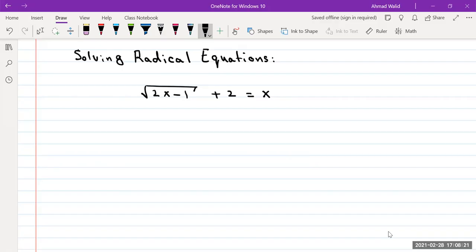We call this type of equations when radical is involved. Now, how to solve these types of equations? I'll explain it, give you steps, and I'll write some notes here for you.